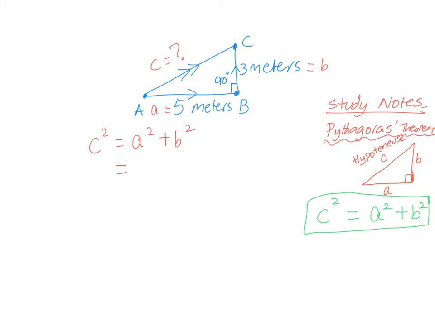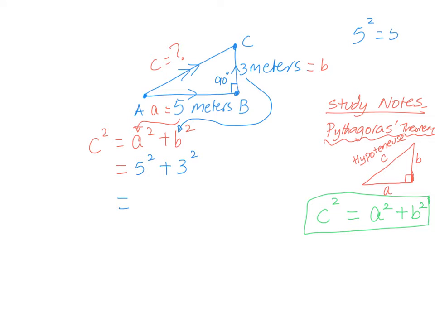So A is 5, so in place of this I'll put a 5. So this becomes 5 squared. And B is 3. So over here I'll put a 3. So 3 squared. Now we can use our calculator, or we can solve the value of 5 squared.